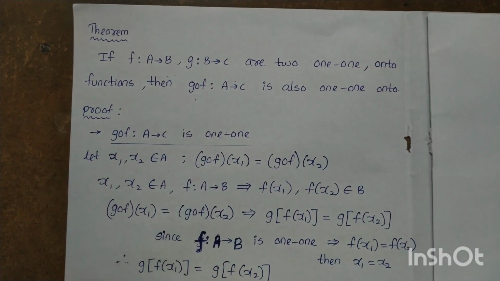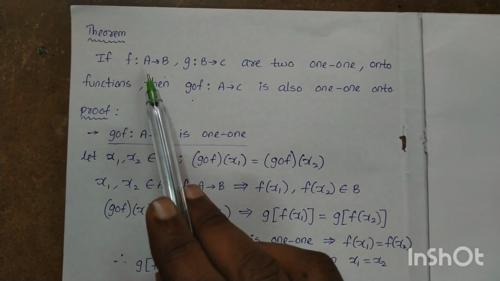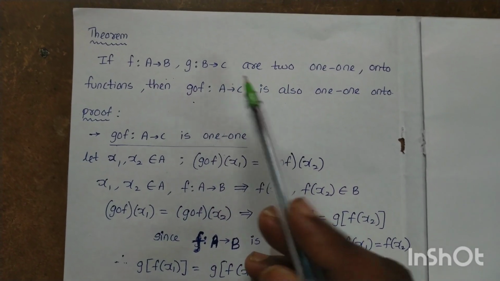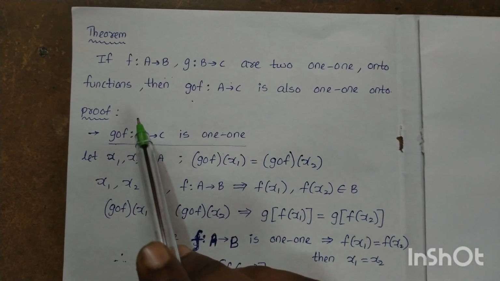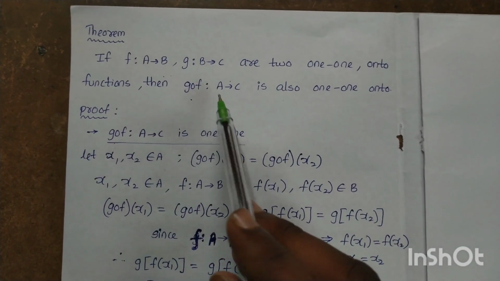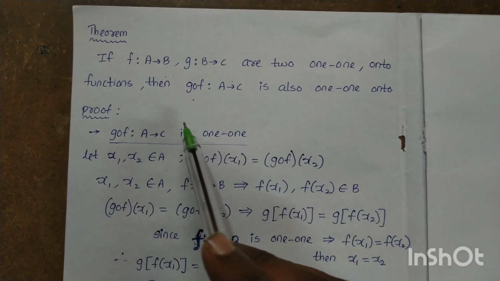They have given two functions, f and g. These two functions are already one-one and onto functions. So they are asking us to prove whether this gof from A to C is also one-one and onto or not.